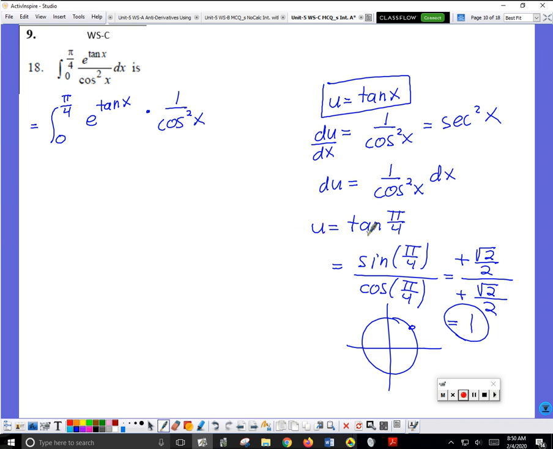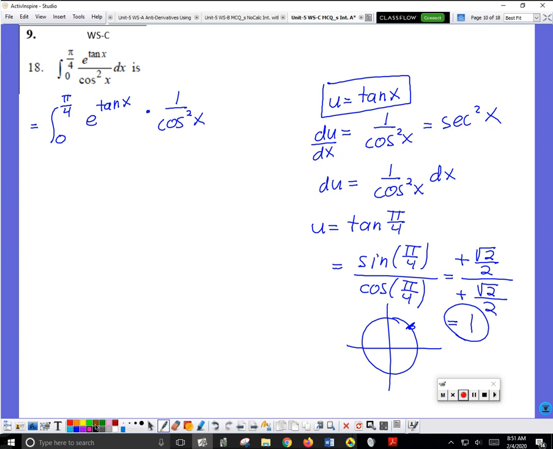Straight memorization. Tangent is sine over cosine. Also straight memorization. Any angle involving a fourth, the sine and cosine values will always be root 2 over 2. Next part is a memorized trick. I think of the circle. Pi over 4 is right here.